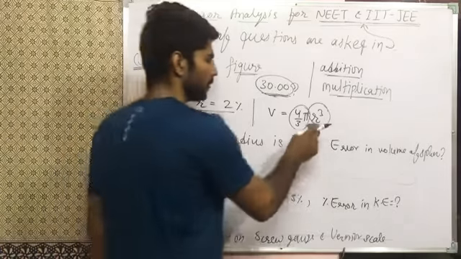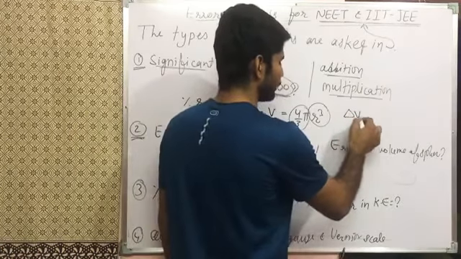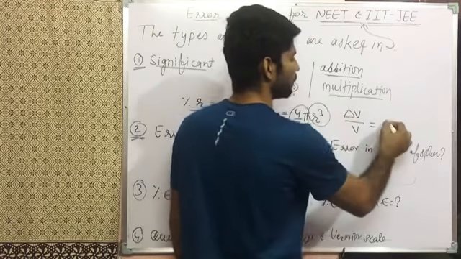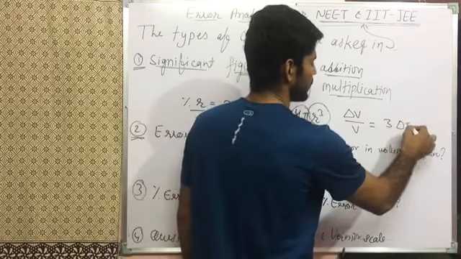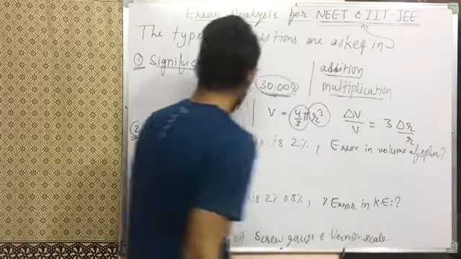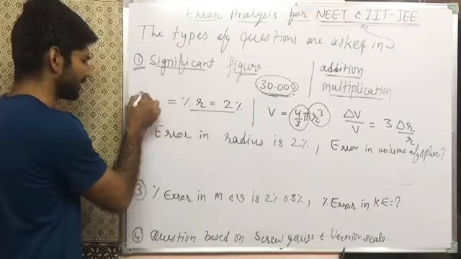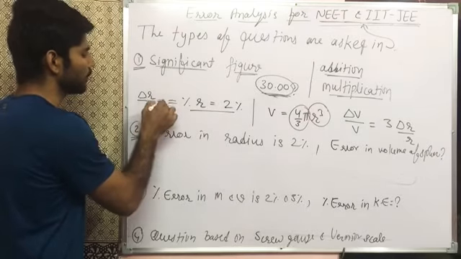According to that case, the relative error in volume is given by taking the power in front, times the relative error in the radius, which is del r by r. But here you get the percentage error, so you can write the percentage error in this form, del r upon r into 100.